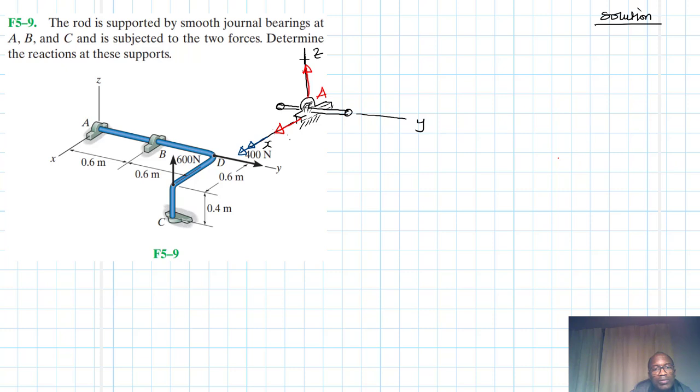We'll have these couple reactions, or moment reactions, in the x-axis as well. I'll call this MZ, and this one MX. So we'll have these moments for a single support.